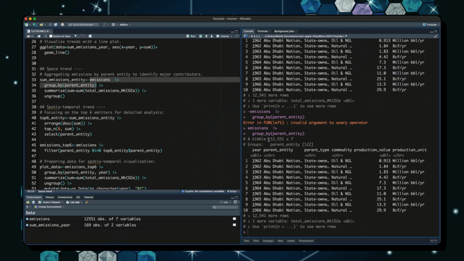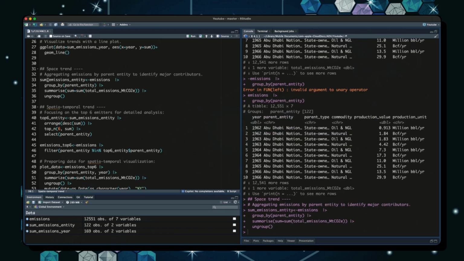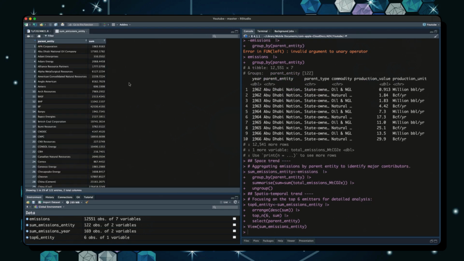Here I have again my table, and it's grouped by 122 parent entities. The same thing goes here. We need to sum over total emission, and instead of a plot, we can just look at the table to see what kind of variation there is.